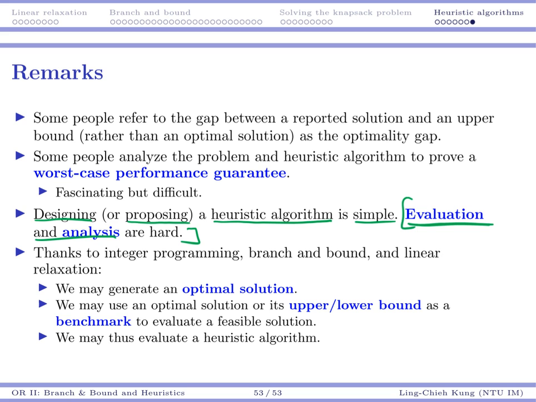So even if you have never learned anything about integer programming, branch and bound, linear relaxation, you may see that you are still able to design heuristic algorithms for most of your real-world problems. In the real world, you may have scheduling problems, facility location problems, inventory problems, production problems, whatever problems.